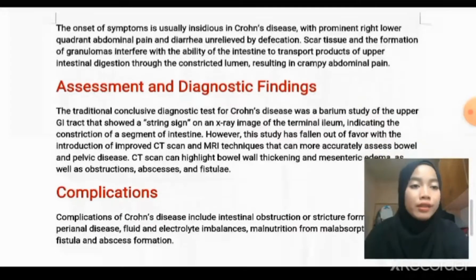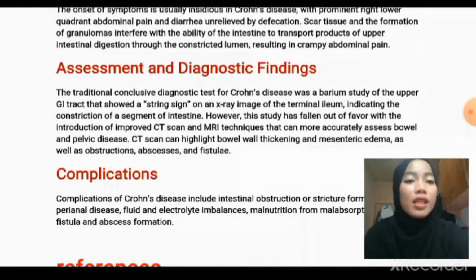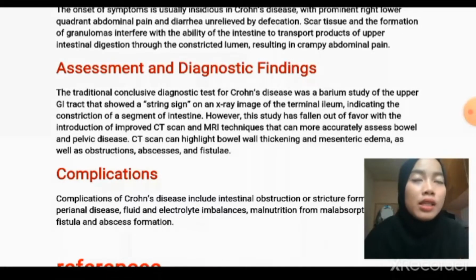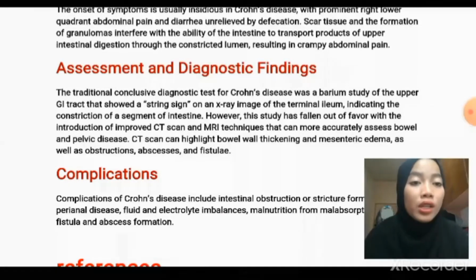And then next is assessment and diagnostic findings. The traditional conclusive diagnostic test for Crohn's disease was a barium study of the upper gastrointestinal tract that shows a string sign on an X-ray image of the terminal ileum, indicating the constriction of a segment of intestine.